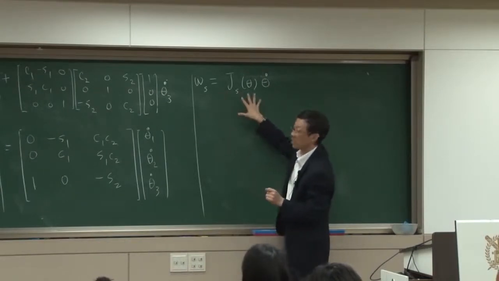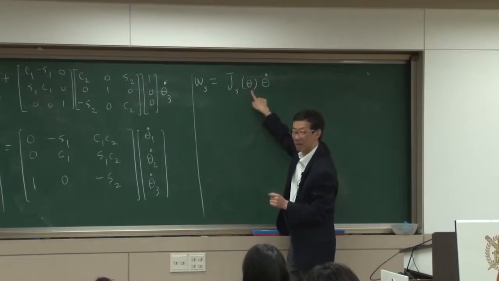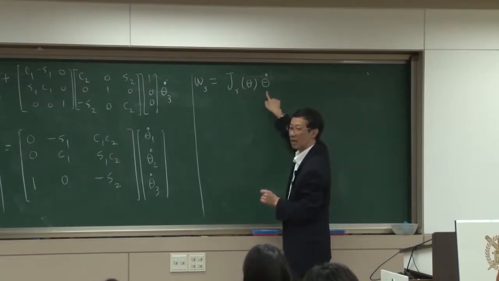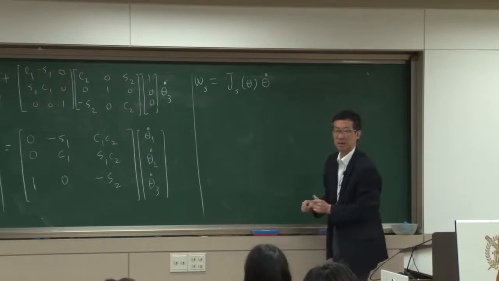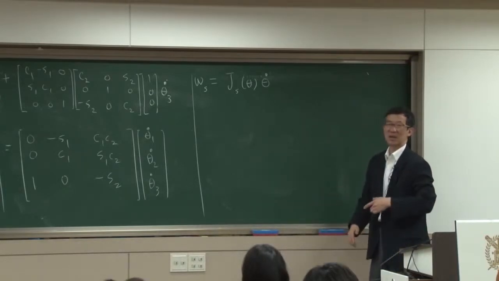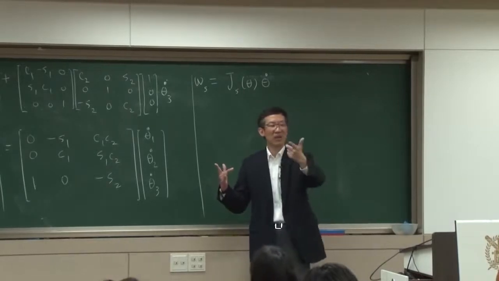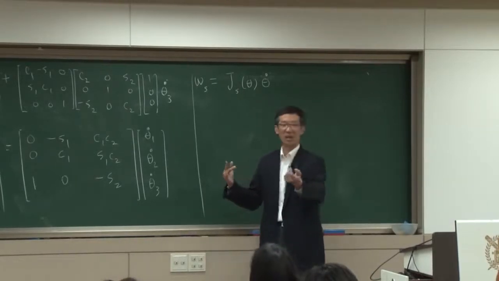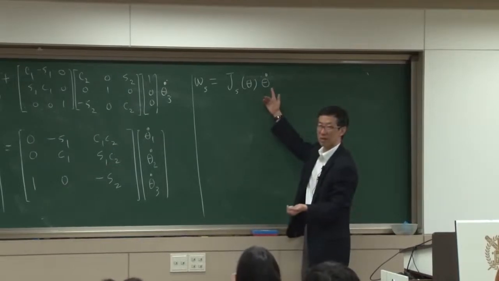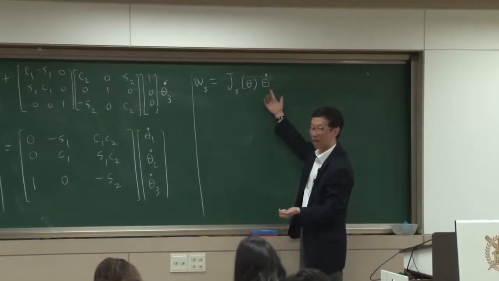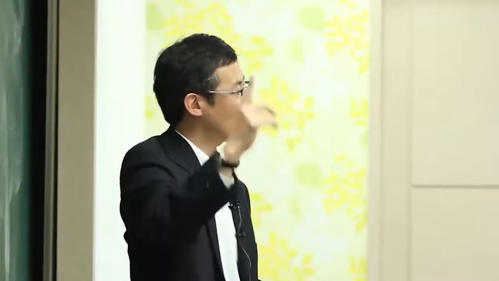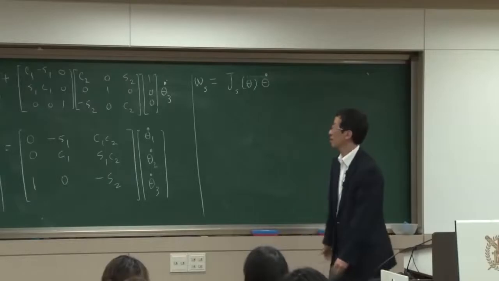It's some matrix J, function of theta, times theta dot, the joint rate vector. So if anybody ever asks me what is the end effector angular velocity given that the input joint rates are theta dot, I say, easy. Give it to me. I have my J sub S, so I just multiply that by theta dot, and I'll say, here's your angular velocity.